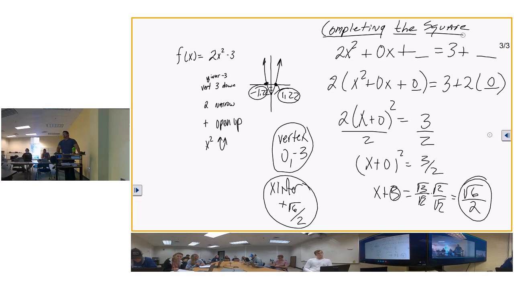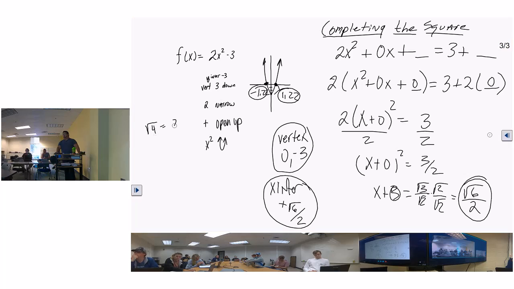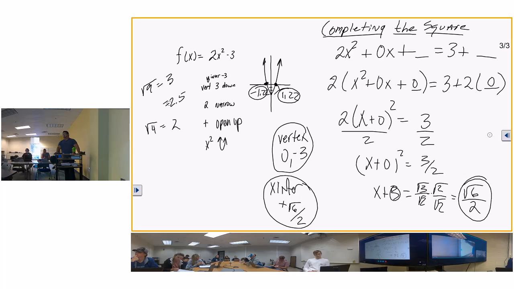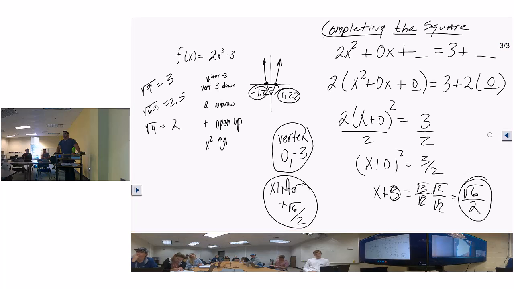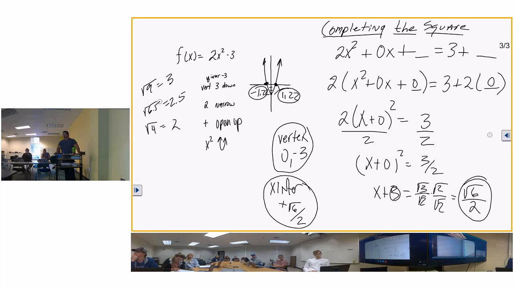The only thing we used a calculator on was the square root of 6, which I could have done without a calculator. Square root of 4 is what? 2. Square root of 9 is what? 3. 2.5 is in the middle, since half of 9 is 4.5. So the square root of 6.5 is about 2.5. We need the square root of 6, so I would say probably around 2.4.